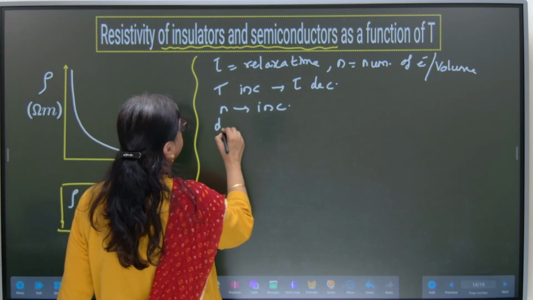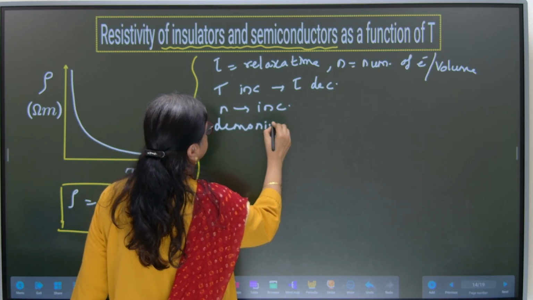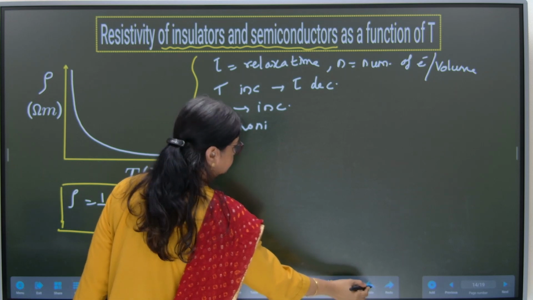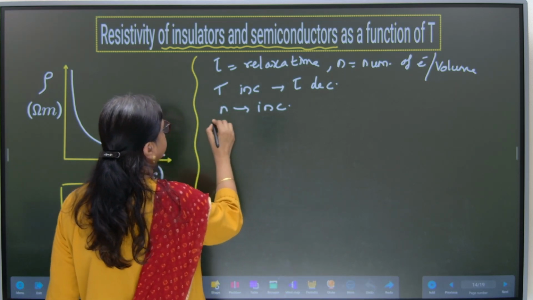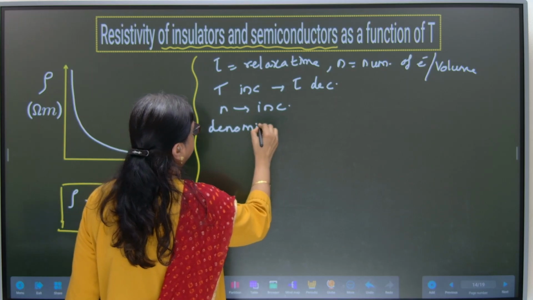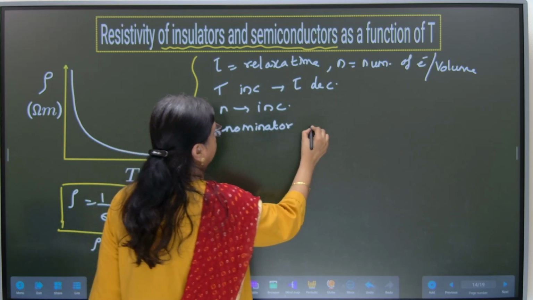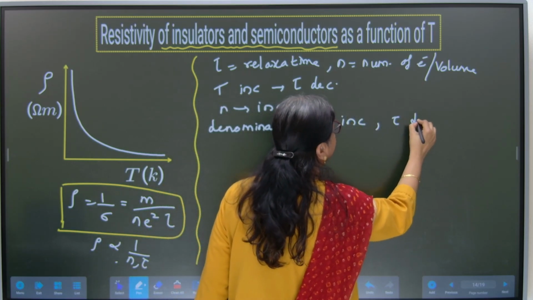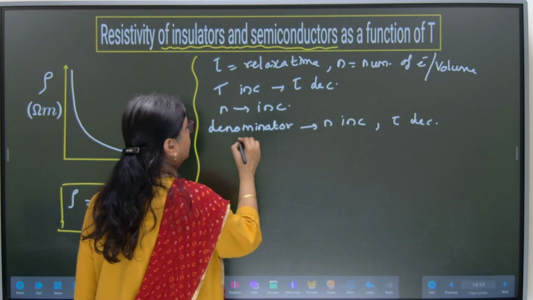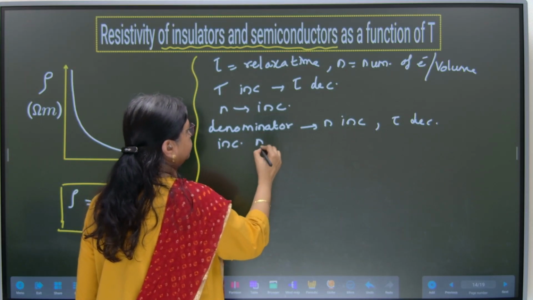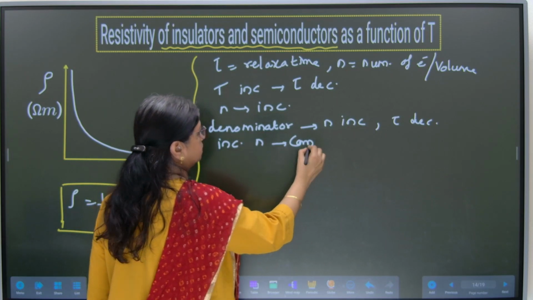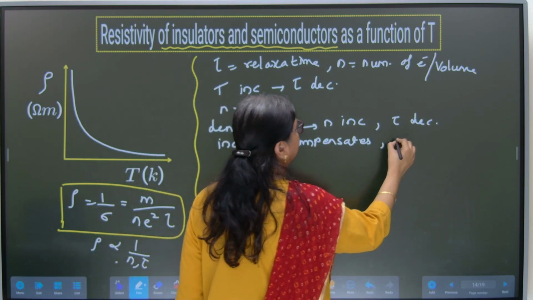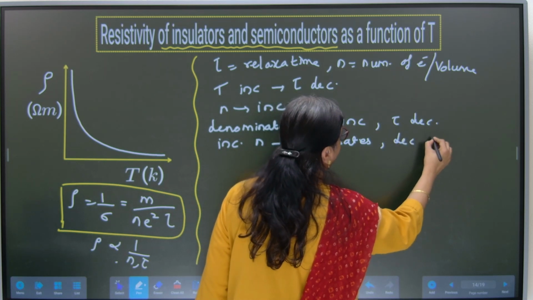In the denominator, n increases and tau decreases. But the increase in n compensates the decrease in tau.